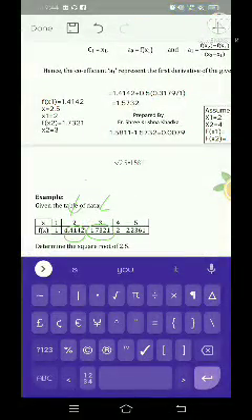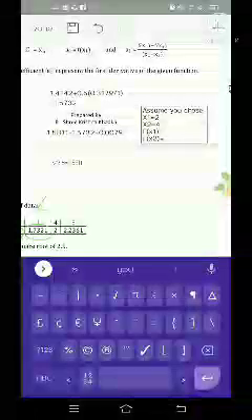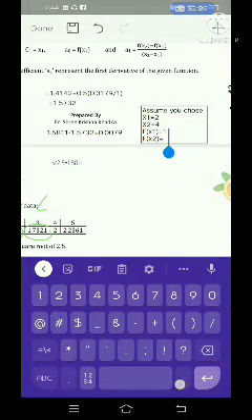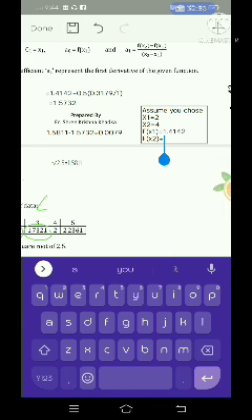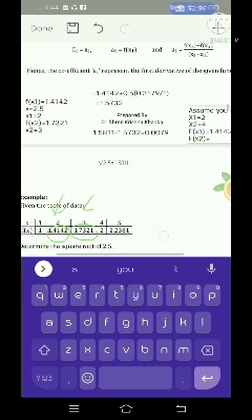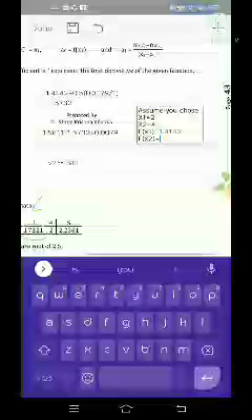Okay, so if our x1 is 2 and our x2 is 4, what will be our fx1 and fx2? So based on the table that we have there, if x1 is 2, our fx1 is still 1.4142.